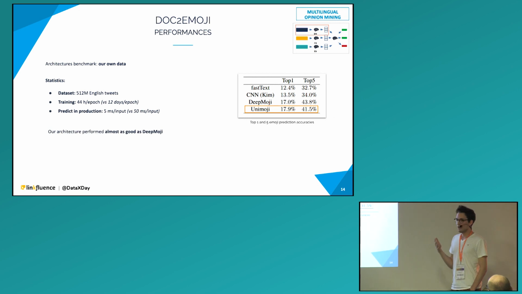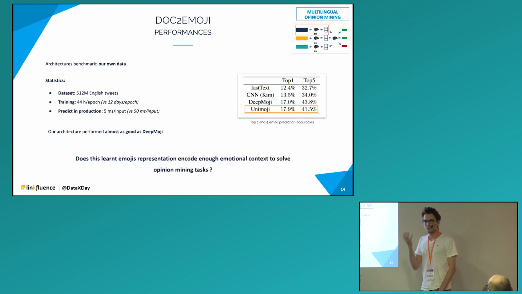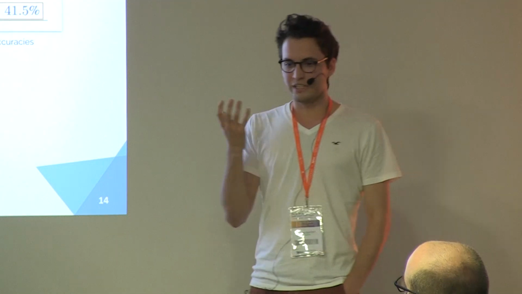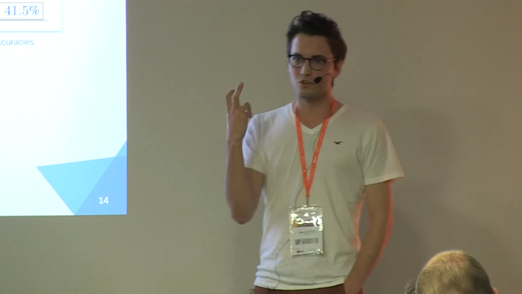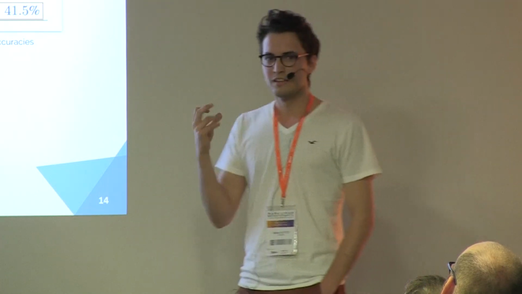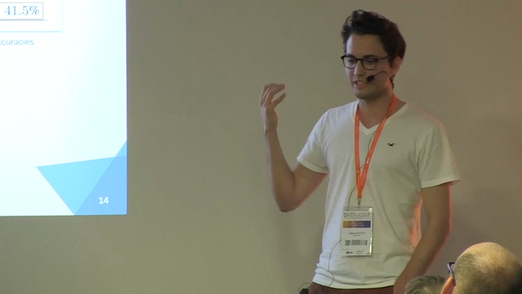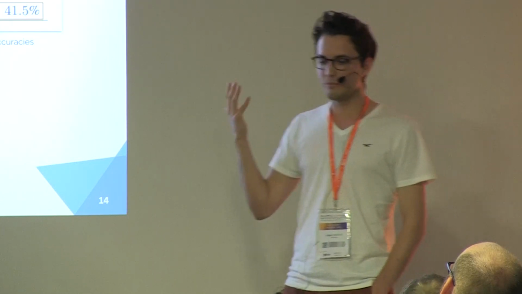This architecture performed as good as the Deepmoji pre-training phase. But the real question is: can this learned sentence representation based on emoji encode enough emotional context of a given sentence? That's really important. Actually, can we decode the representation learned by the CNN to do an opinion mining task?